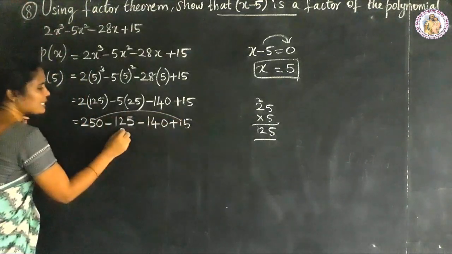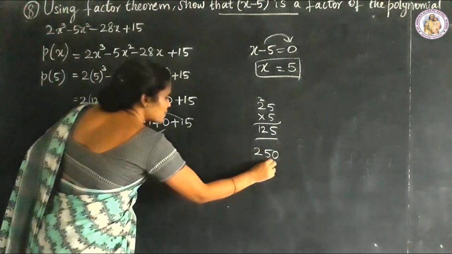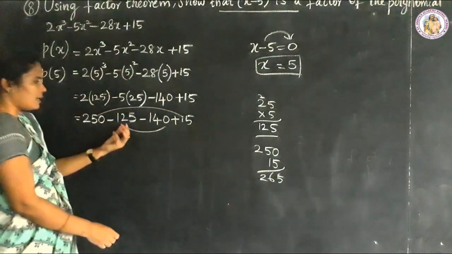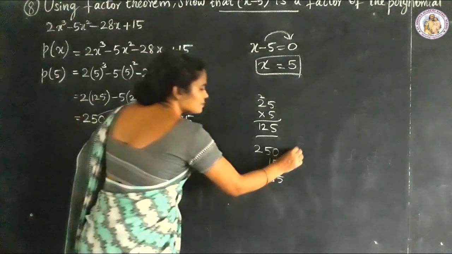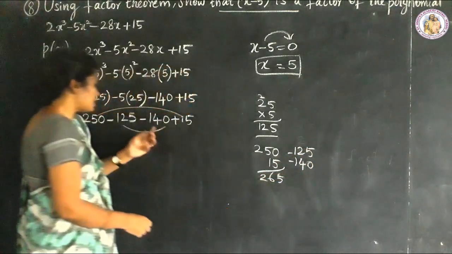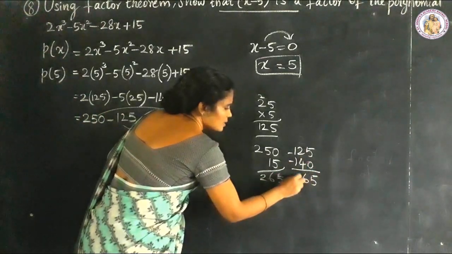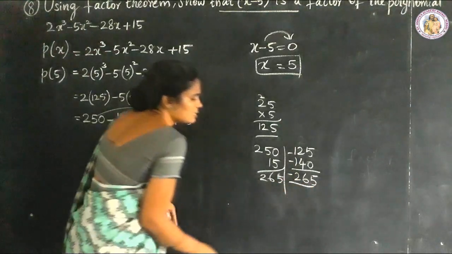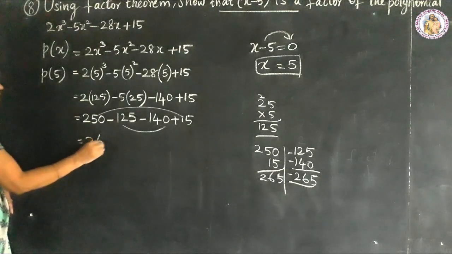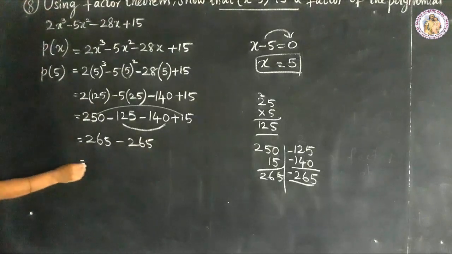Now add all the plus and minus. So 250 plus 15, 265. 125 minus 140. So minus 125 minus 140 is equal to 0.